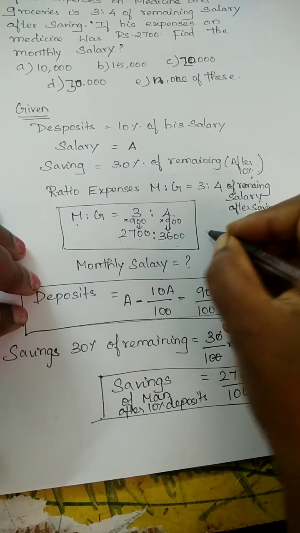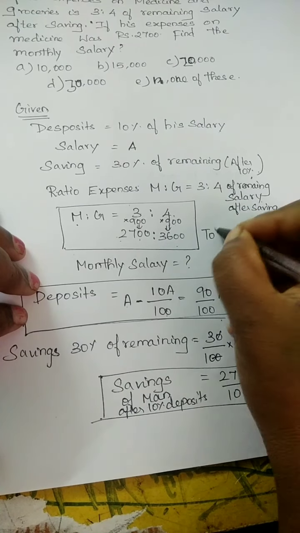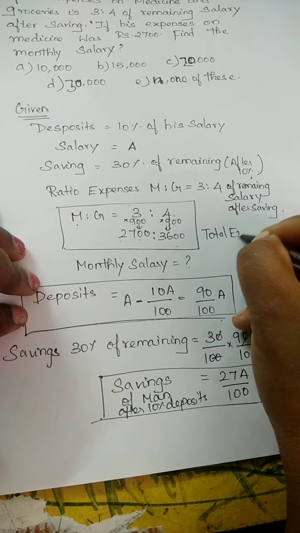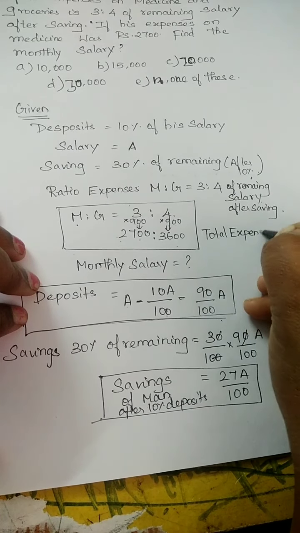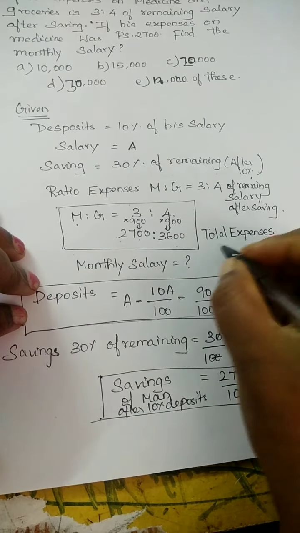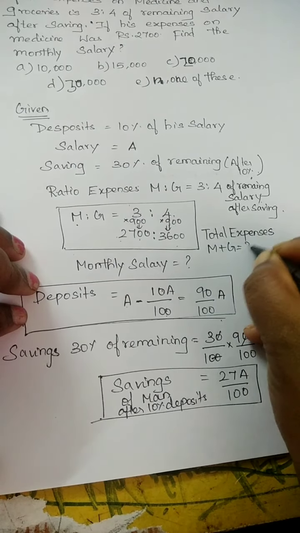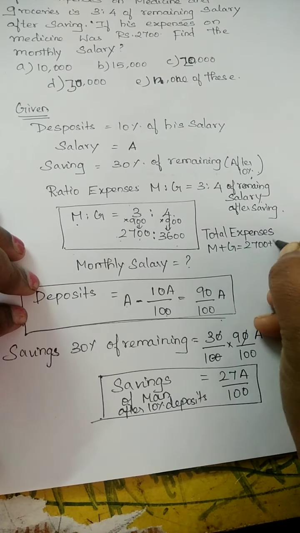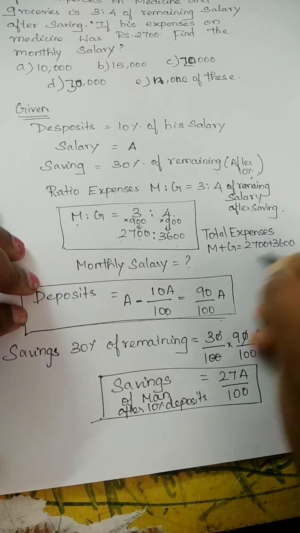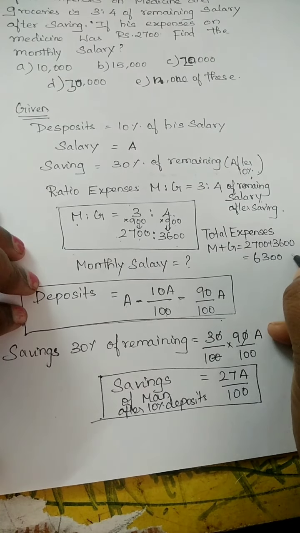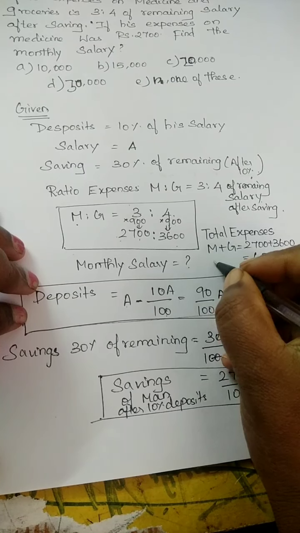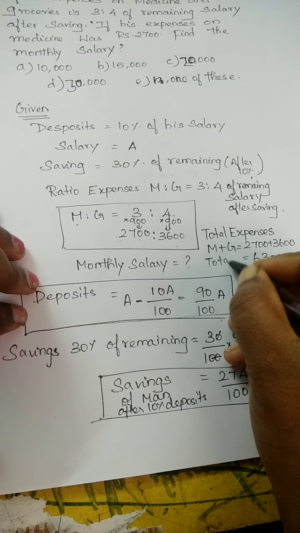So here itself I am writing total expenses of medicine and grocery is 2,700 plus 3,600 gives 6,300. This is the total expenses.